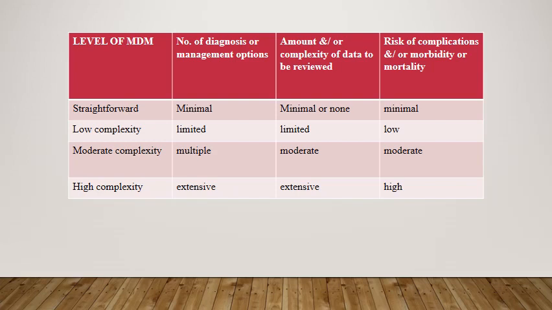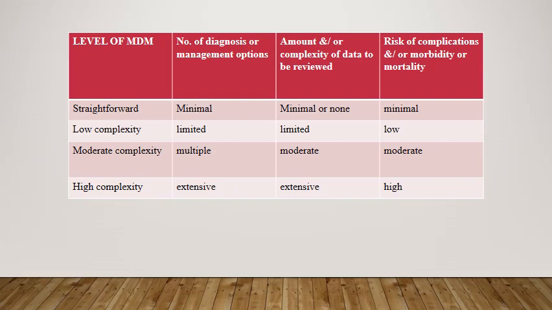Okay, what if all three are different? For example, if problem table is minimal, data table is limited, and risk table is moderate, you have to consider the intermediate level, which means among minimal, limited, moderate, the intermediate level is limited, right?